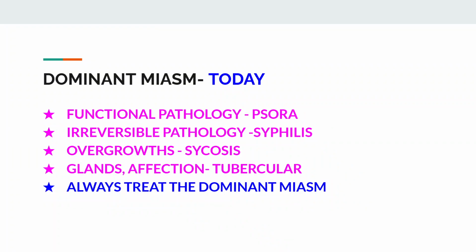If it is irreversible pathology, it indicates syphilitic miasm. If there are overgrowths, it indicates sycotic miasm. If the patient has a glandular tendency, that is the glands are enlarged or involved, say the tonsillar glands, it indicates tubercular miasm. And the instruction to the physician is always to treat the dominant miasm.